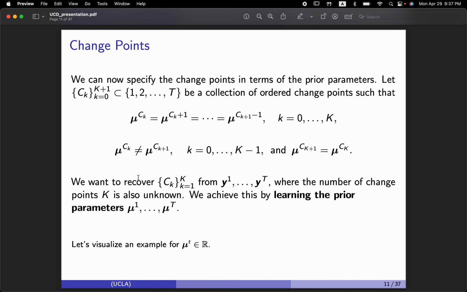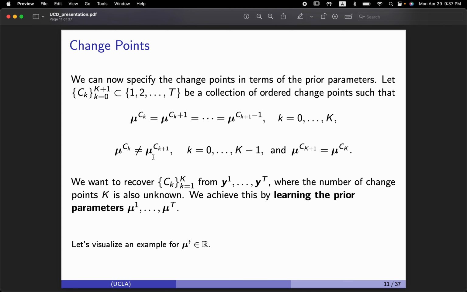Once we have specified the model, we are ready to specify the change points in terms of the prior parameter. Let C_K, a subset of the time points, be a collection of change points such that the prior parameters mu in between two consecutive change points are all equal, while the mu before and after a change point are different.